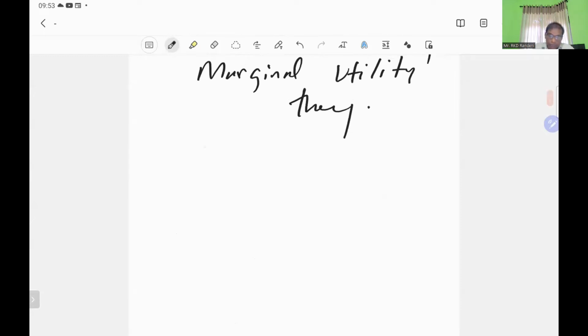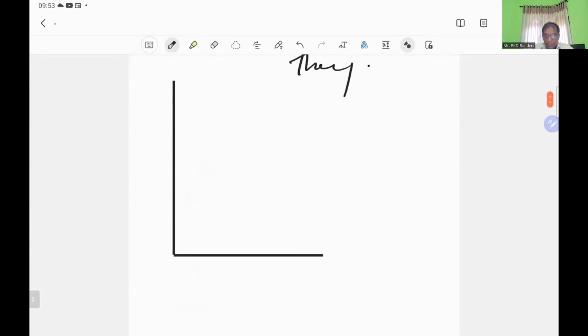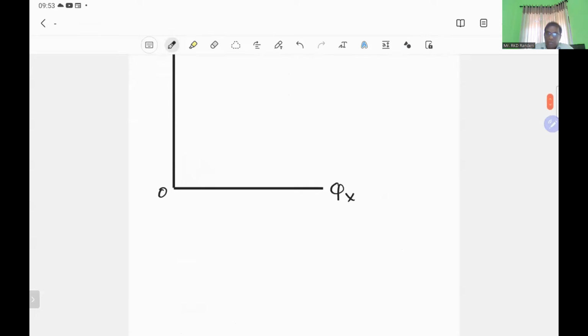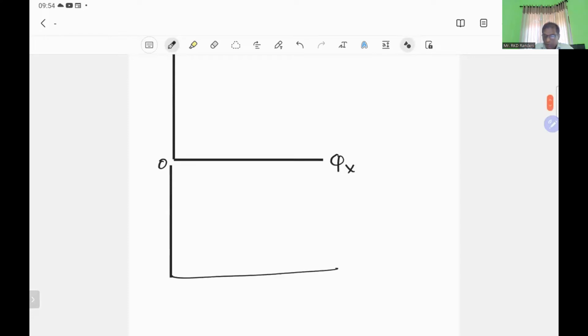So now here, total utility of x, here quantity x, 0. Now here, marginal utility of x, marginal utility of x.